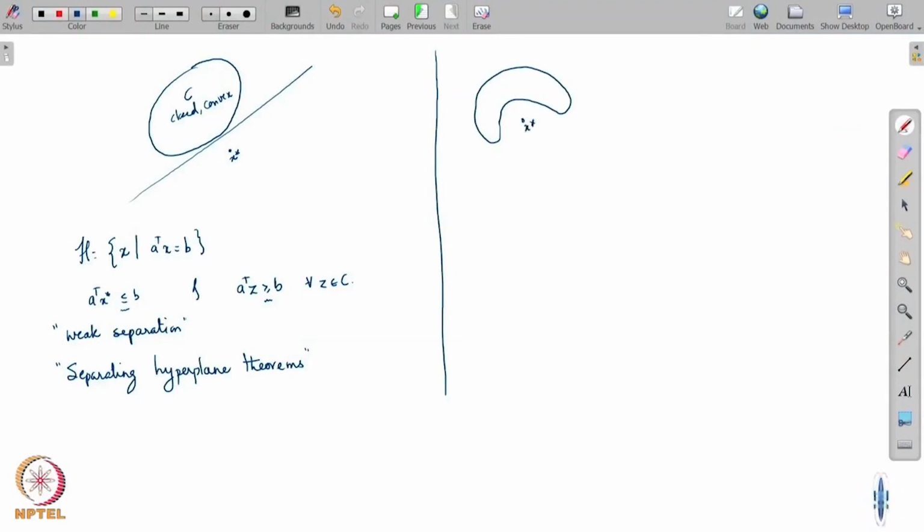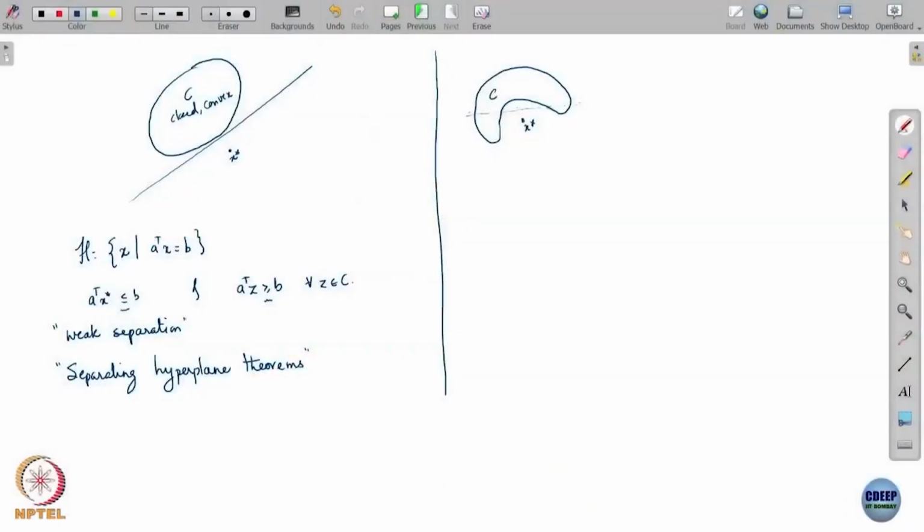Is it possible for me to separate x star from the set C by a hyperplane? No, it is just not possible. No matter how much you try, you will never find a hyperplane that separates the two. You can find some other curve that separates the two, but not a hyperplane. This is the beauty of convexity. Convexity guarantees you this.